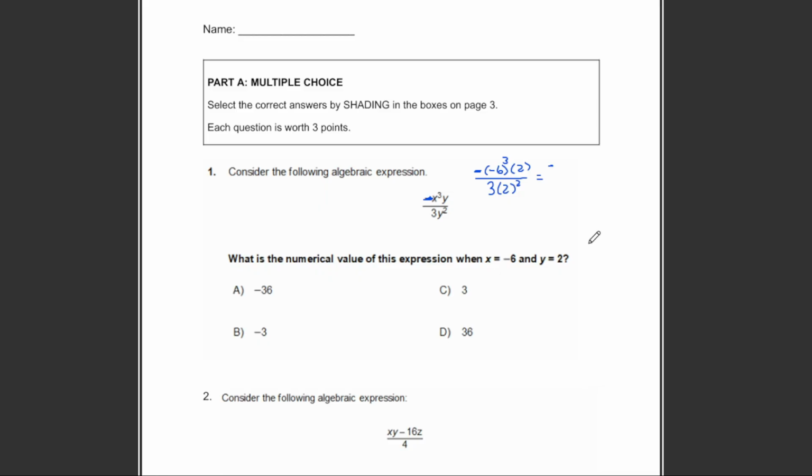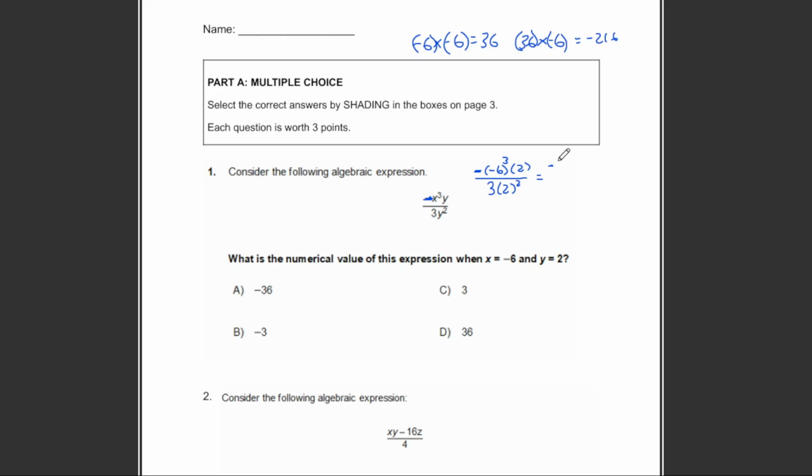You can use a calculator for this. Or if you want, you can do -6 times -6, which is positive 36, and then you just do 36 times -6 again. Make sure you use brackets here, and that's going to give you -216.